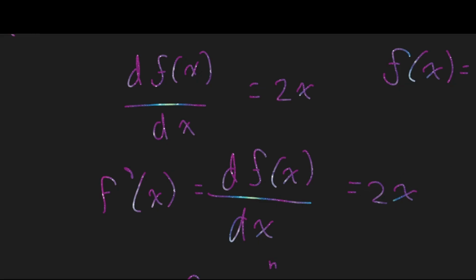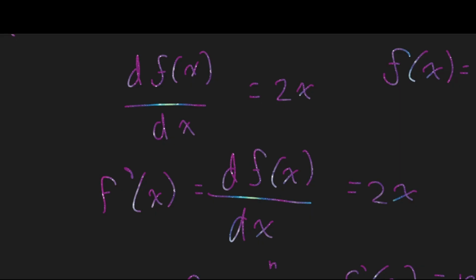So over here, you can see that the 2 kind of drops down to multiply x, like a coefficient. So f prime x became nx, but to the power of what? In the exponent, what happened is it just became 2 minus 1. So over here it just became n minus 1.